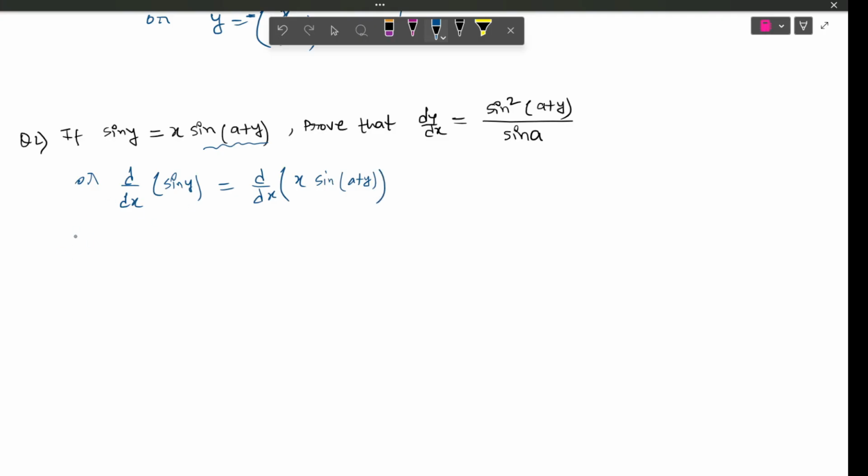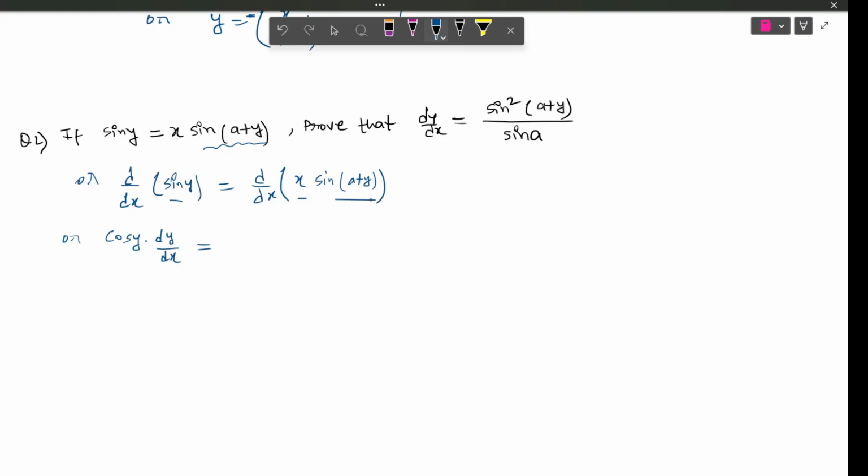Okay, now differentiate this. Differentiation of sin y is cos y, and differentiation of y with respect to x is dy by dx.